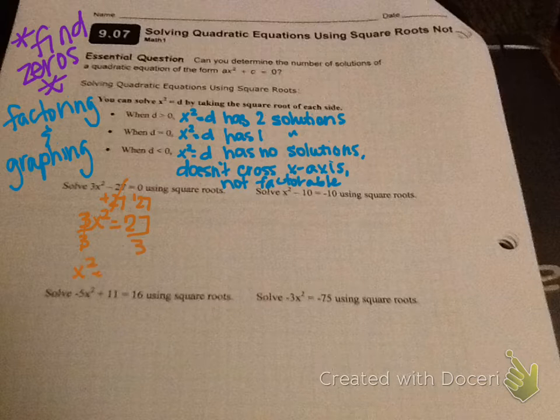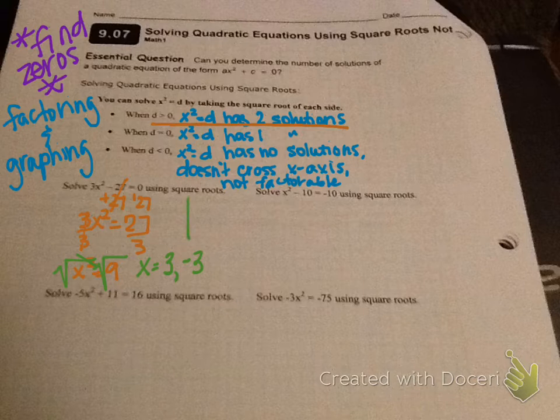So x squared equals 9. Now, that means we have two solutions. The opposite of squared is square root. That's how we get rid of it. We do it on both sides. So x equals 3 and negative 3. Those are my two solutions.